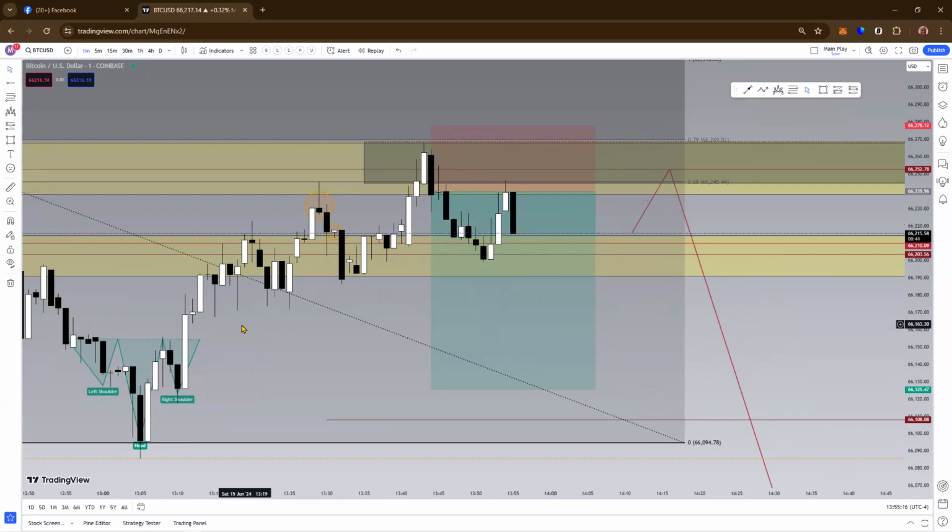Yeah, that's a very strong bearish engulfing candle. It's bigger than the previous candle. So let's see. It came back and retouched the fair value gap, the yellow area. All we need is a strong push down.